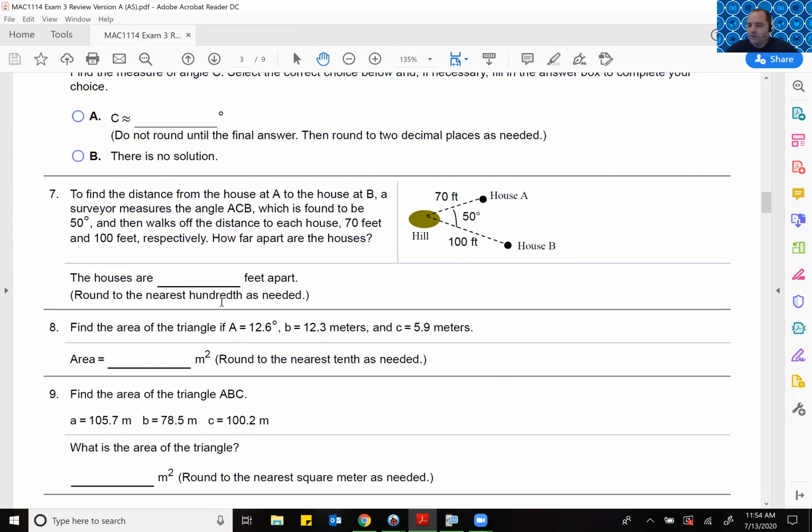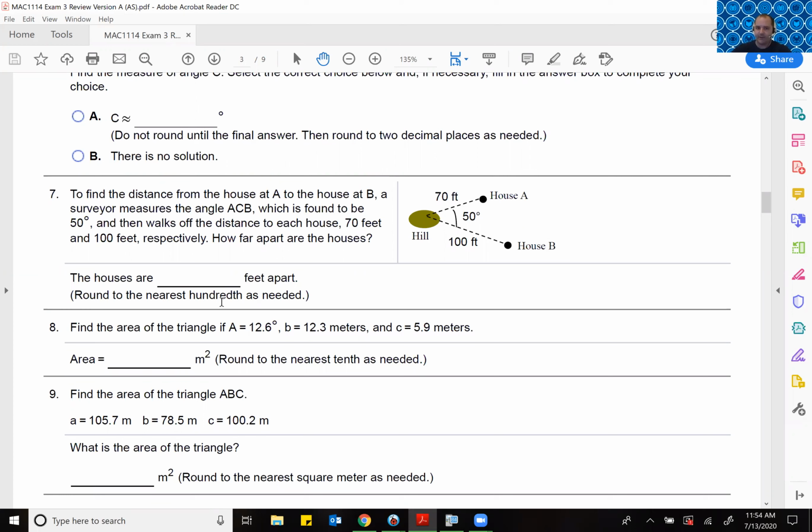Okay. The last two are still in law of cosines, but these are where we learned about the area formulas. One of these is the straight area formula using cosine. The other one is the Heron area formula. Remember that Heron works for side, side, side, and the other one works for side, angle, side.